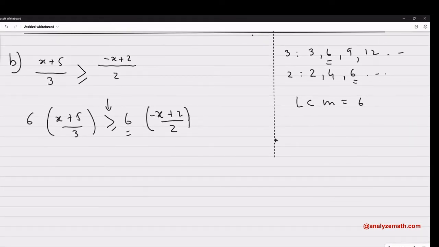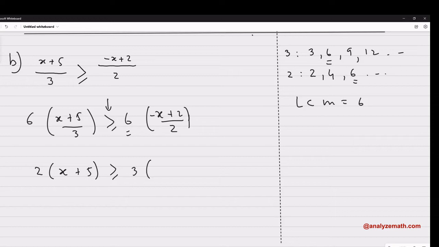Now we continue by simplifying. 6 divided by 3 gives me a 2, and then don't forget x plus 5. 6 divided by 2 gives me a 3, and then the expression.